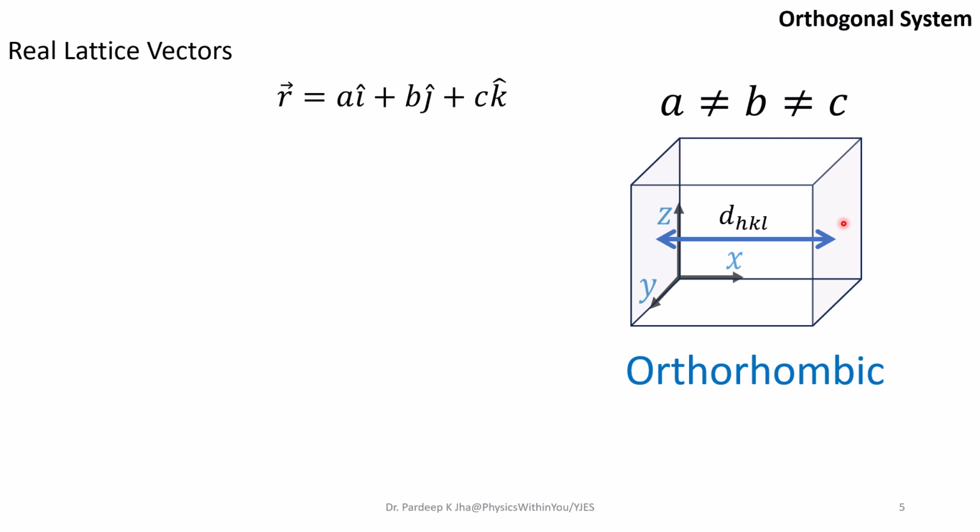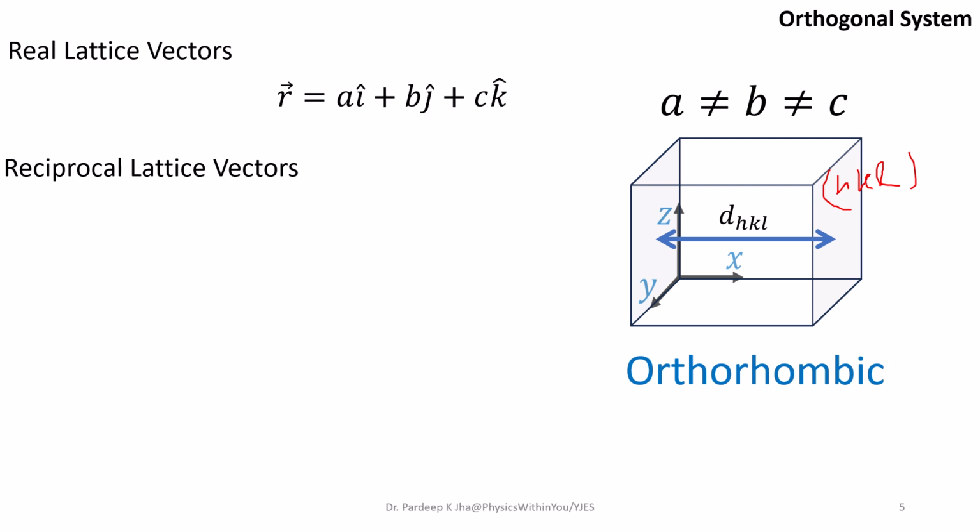So these planes have Miller indices. What could be the Miller index of this plane? Let it be H, K, and L. Understandable?